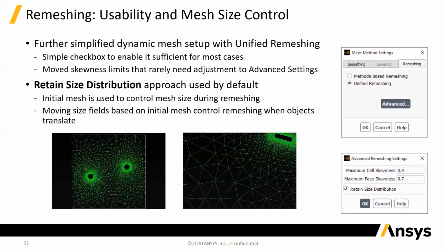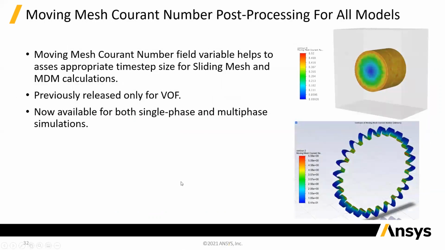So this is going to give you much improved remeshing. When you've got a moving boundary, now you can get the moving mesh Courant number on it. That was previously released for Fluent, but it's now available for other types of simulations.